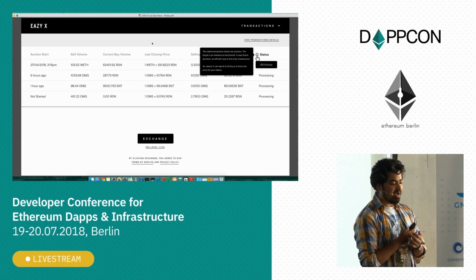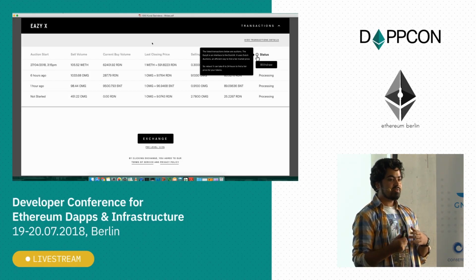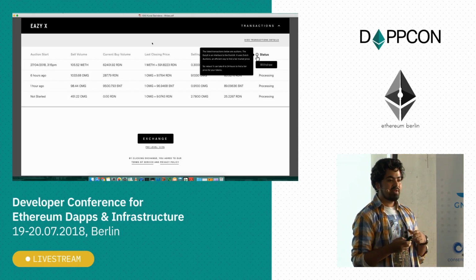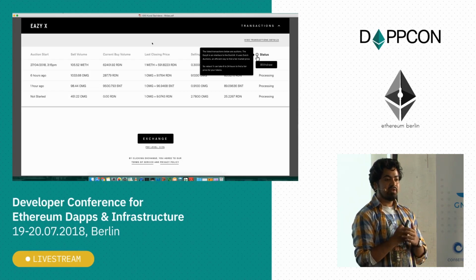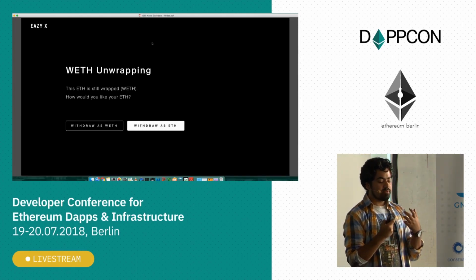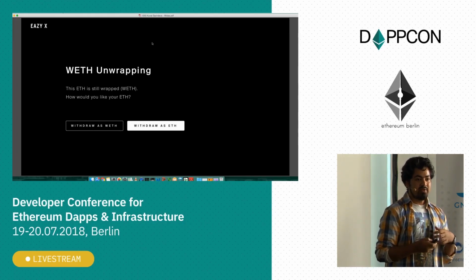And one more interesting challenge that we faced was to include Ether in DutchX, because as Chris mentioned, DutchX is for ERC20 compliant tokens, and Ether is not one of them, but casual users usually have enough Ether to trade. So when you have an auction where you're getting wrapped Ether, we always give you an option to get it as wrapped Ether or Ether.